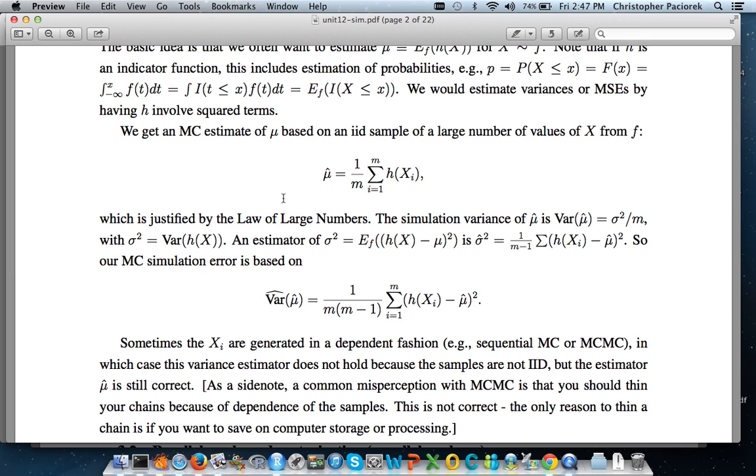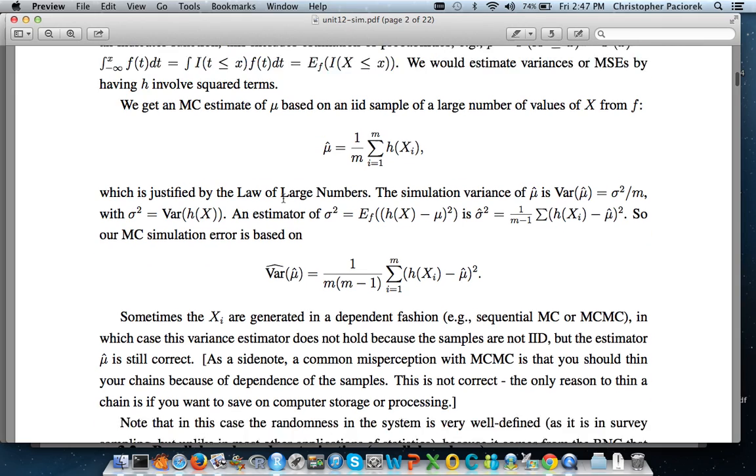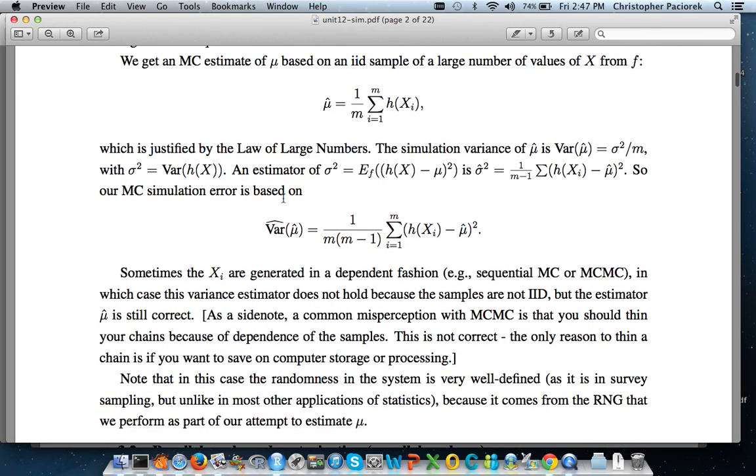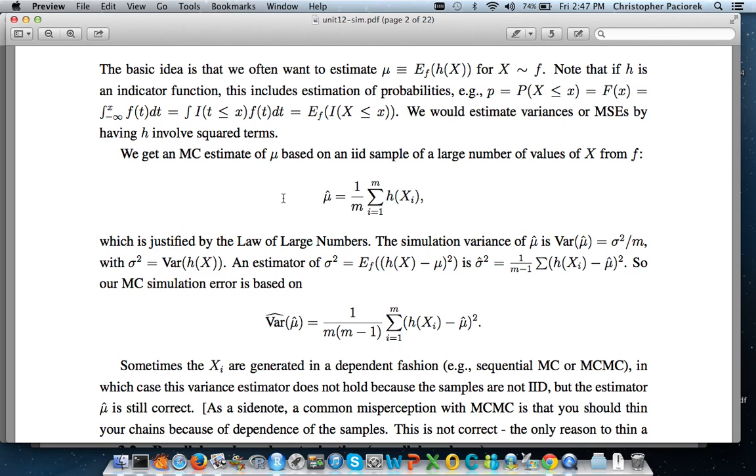So if we go back to simple properties of sums and averages, we can see that the variance of mu hat is sigma squared over m, where sigma squared is the variance of h of x. And if I wanted to estimate this variance, I could take a collection of these and estimate it.